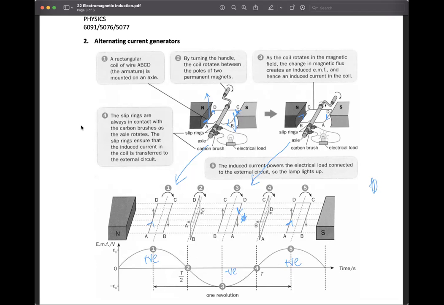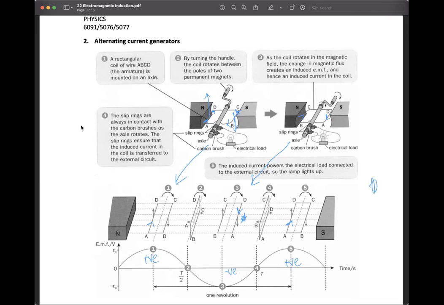compared to a motor. For a motor, just remember, you are using current in a magnetic field to produce force. In a generator, you are using a force in a magnetic field to generate electricity. That's the first difference. Number 2, in the motor, you use Fleming's left-hand rule.